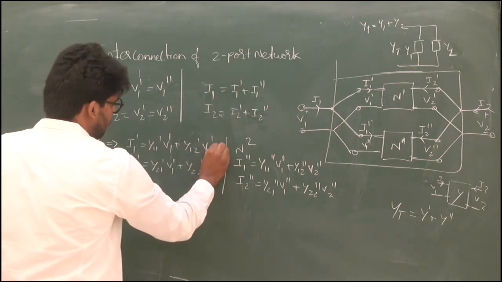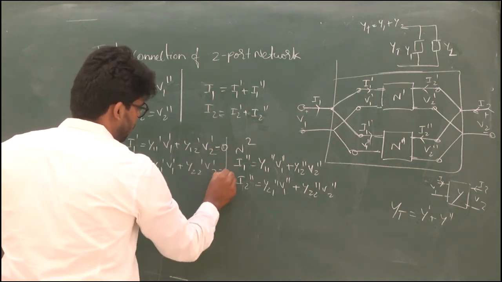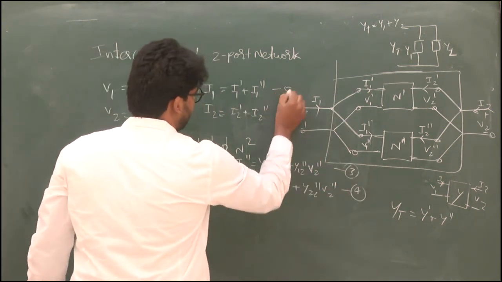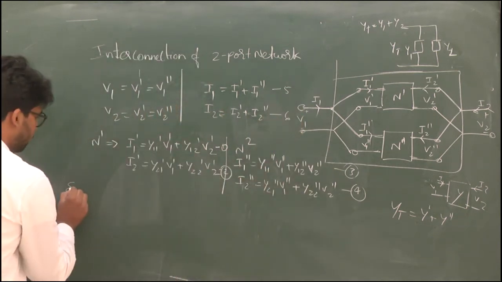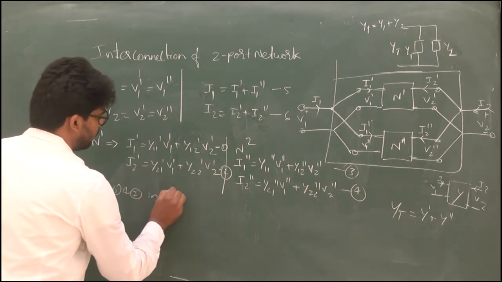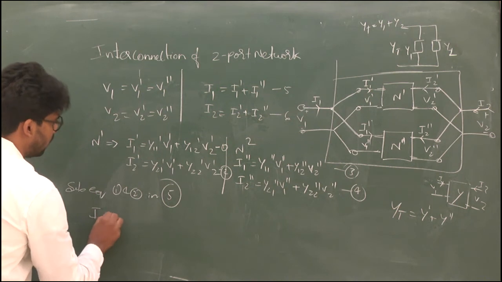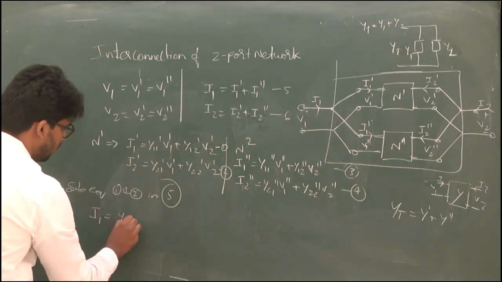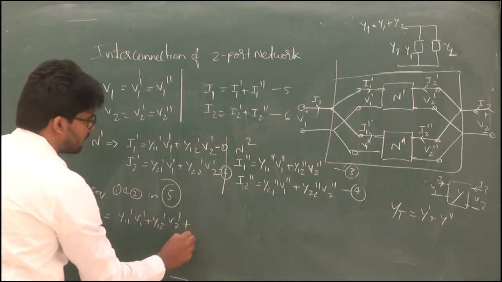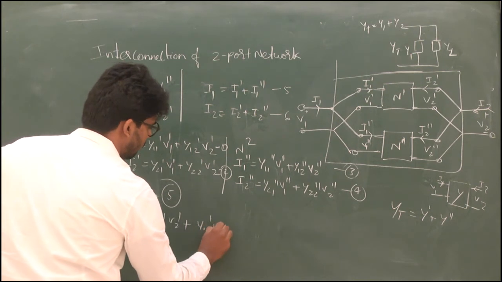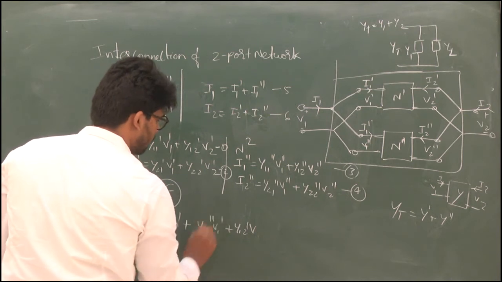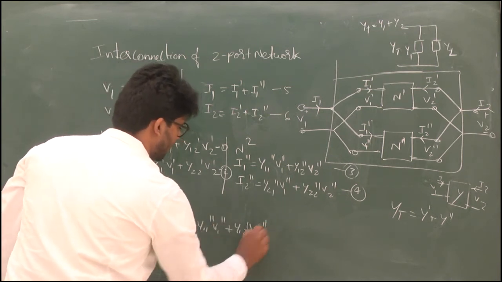So let us say this is equation 1, this is equation 2, this is equation 3, this is equation 4, and this is 5, and this is 6. Substituting equations 1 and 2 in 5, we get I1 equal to Y11 dash V1 dash plus Y12 dash V2 dash plus Y11 double dash V1 double dash plus Y12 double dash V2 double dash.